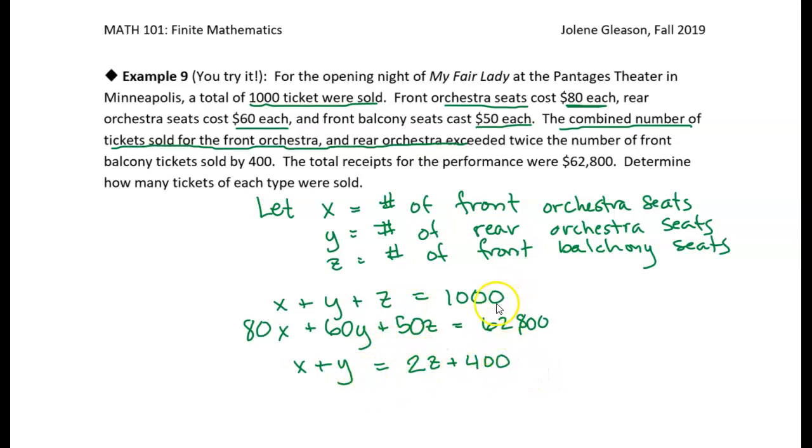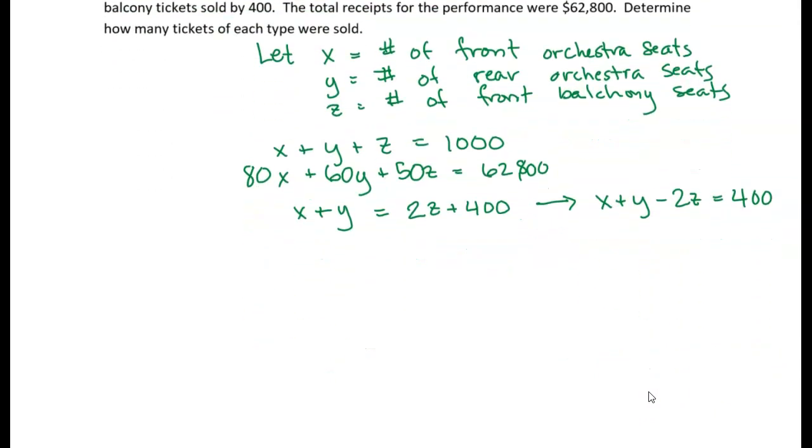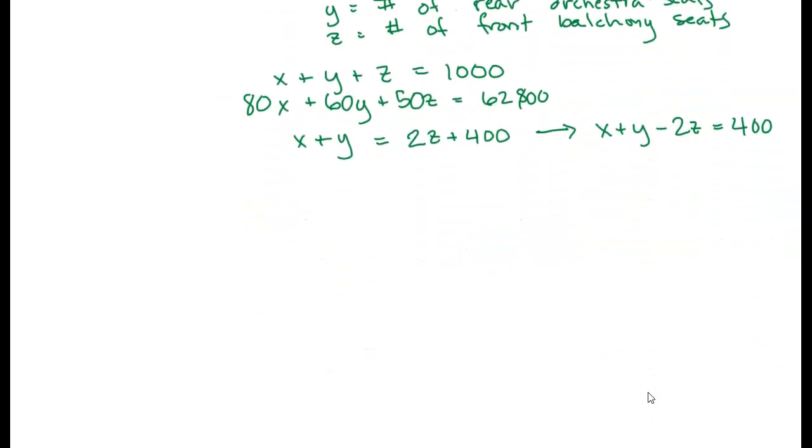So these first two look okay because I have all my variables on the left side and a constant on the right side, but I have to rearrange this one. So I'm going to subtract 2Z from both sides. So I get X plus Y minus 2Z is equal to 400. Now I have the equation in the form that I'd like it in order to write the augmented matrix. All right, so let's write the augmented matrix for the system of equations.